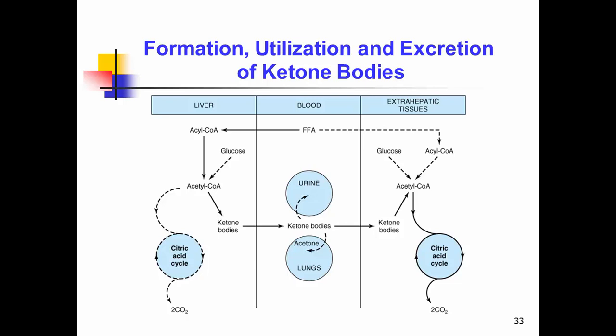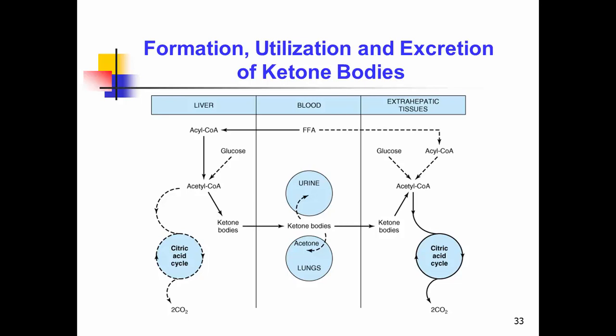Because of the brain, fatty acid molecules are too large, so the brain cannot take up fatty acids. So fatty acids have to be broken down to make relatively small ketone bodies, and ketone bodies are able to pass through the blood-brain barrier and then enter the brain and be utilized for energy.